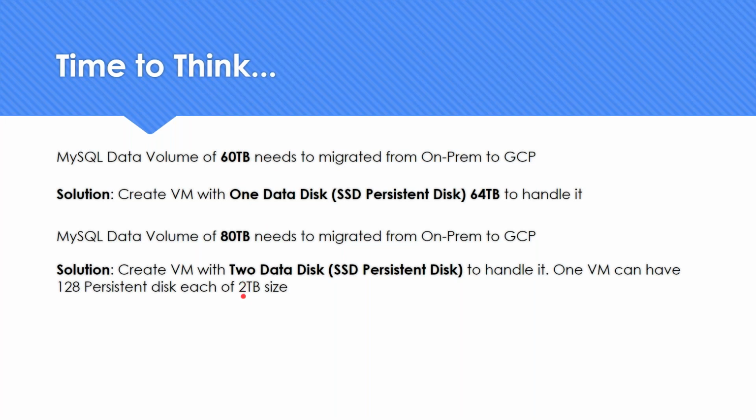Per machine, if you look into the documentation, you can have 128 persistent disks, but each disk can only take 2 terabytes of size.